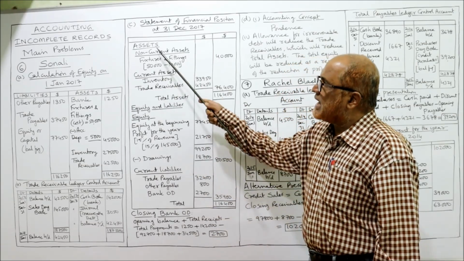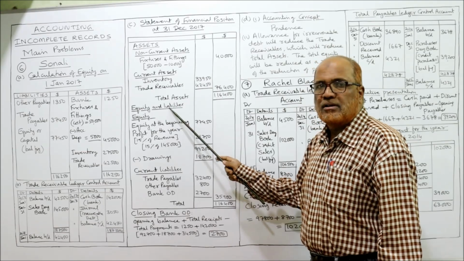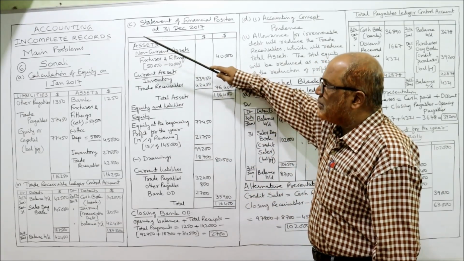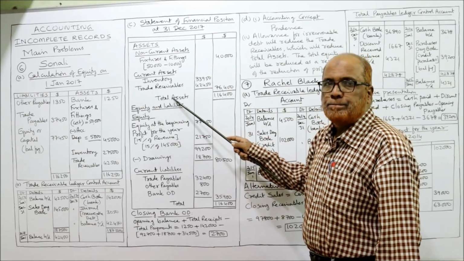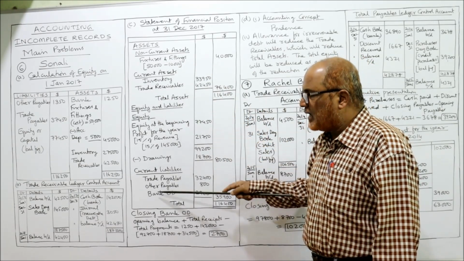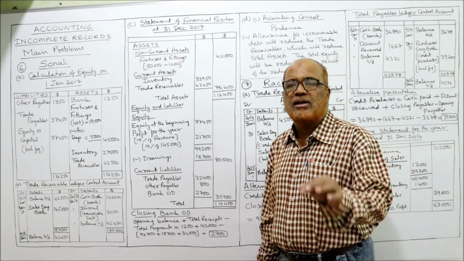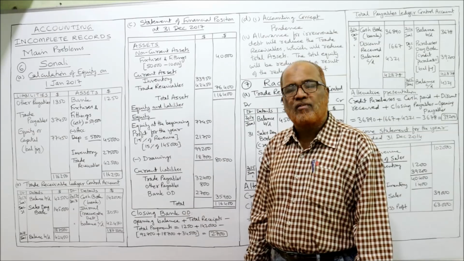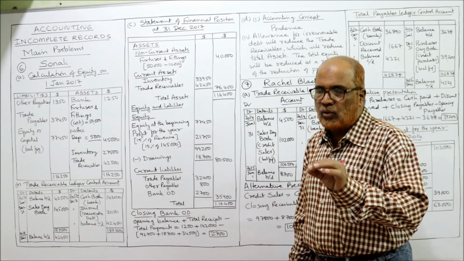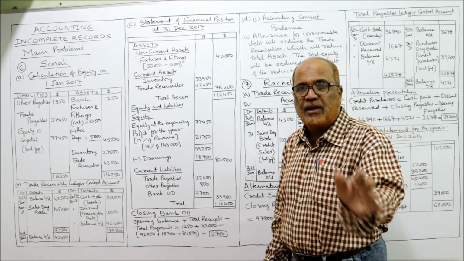The first part is assets and the second part is equity and liabilities. The total of assets and equity and liabilities should always be equal. If you do not make any mistake, the total of assets and total of liabilities will be equal.